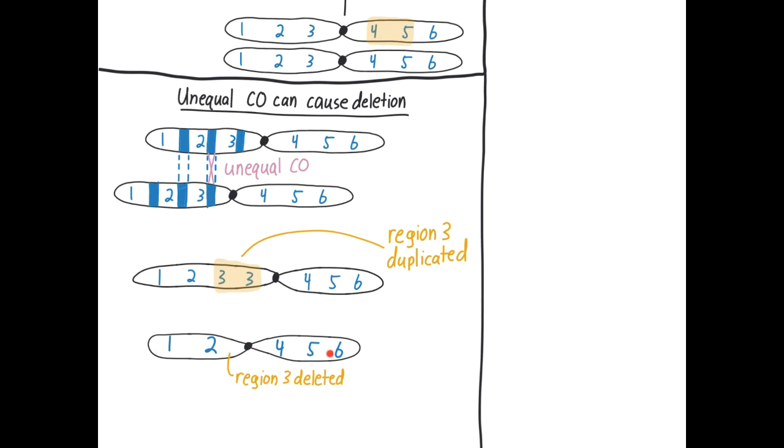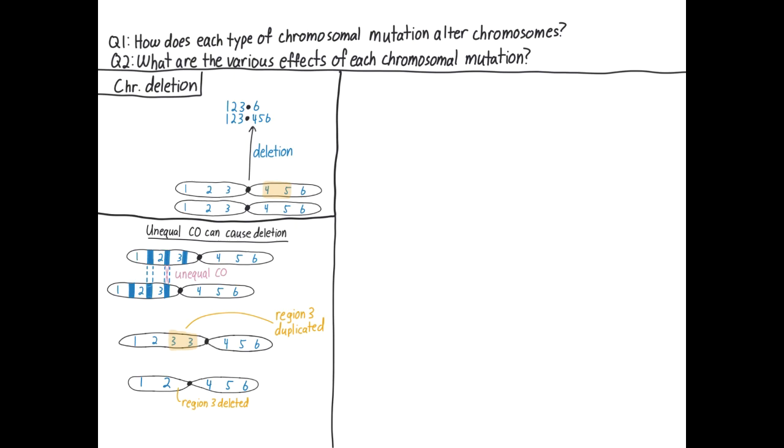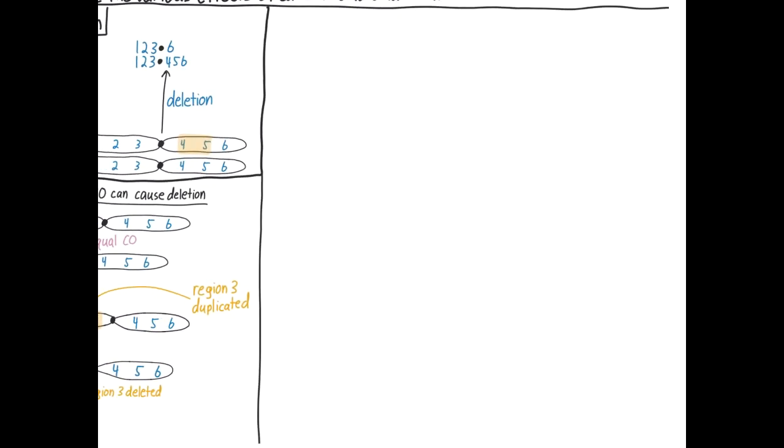If this chromosome is inherited by the offspring, and the other chromosome of this type is normal, the offspring will only have one copy of genes in region 3, the genes in region 3 that are coming from the normal chromosome. So, of course, deletion alters gene dosage.